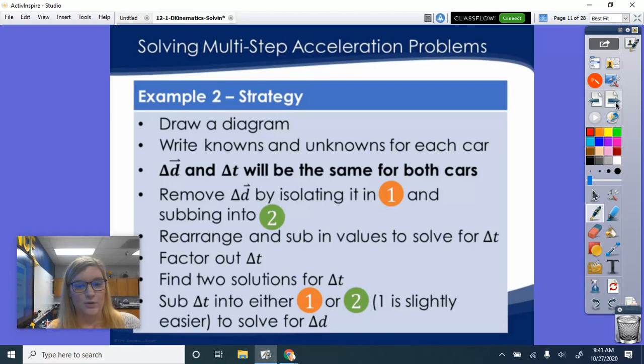And we're going to go ahead and isolate our displacement value and sub it into another equation. So this is like a systems of equations that you would get in algebra. Algebra 1? I'm trying to remember. Anyway. And we're going to go ahead and rearrange it so that we can solve for our time.